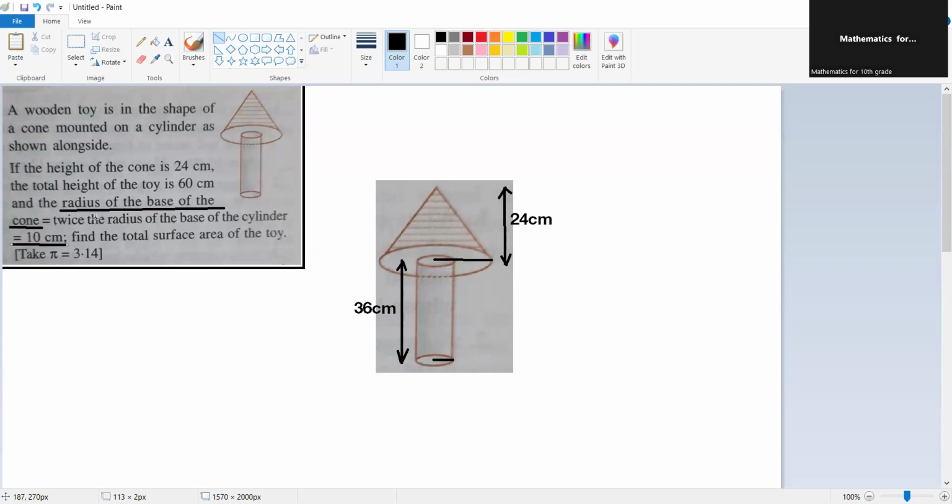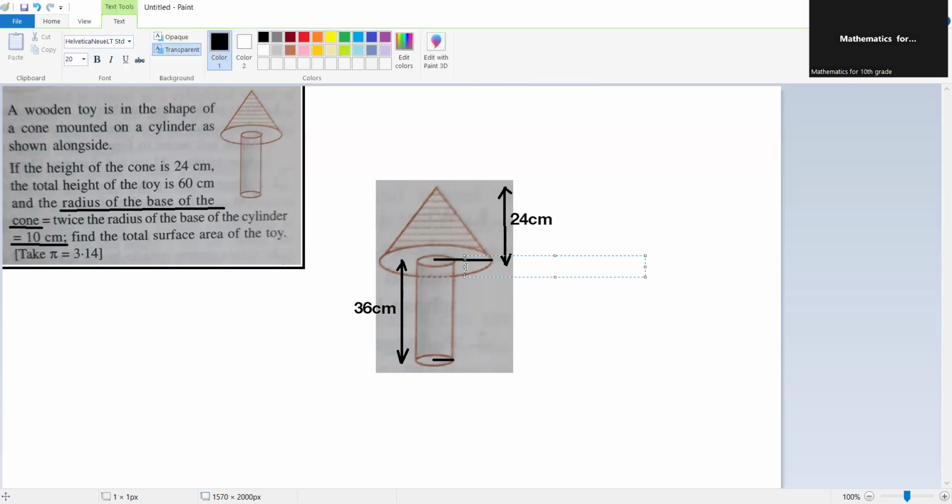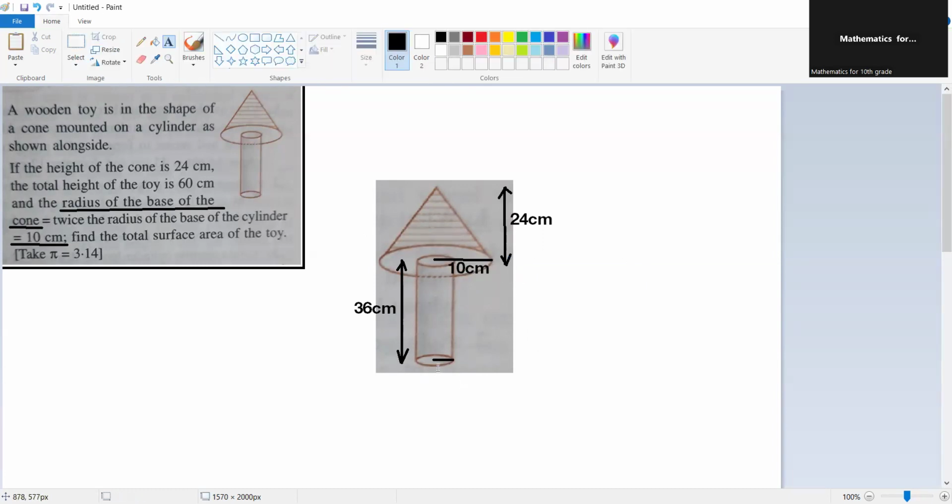It is another fact that this radius, which is 10 centimeter of the cone, is twice the radius of the base of cylinder. So the radius of the cone is 10 centimeter. So I'll just write this one as 10. And this one as 5 centimeter.